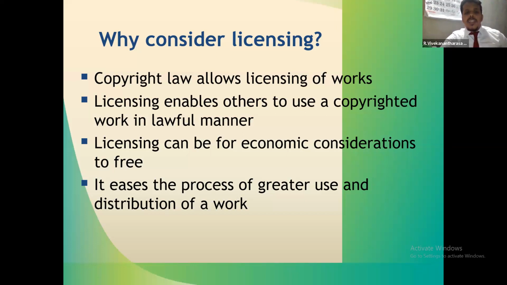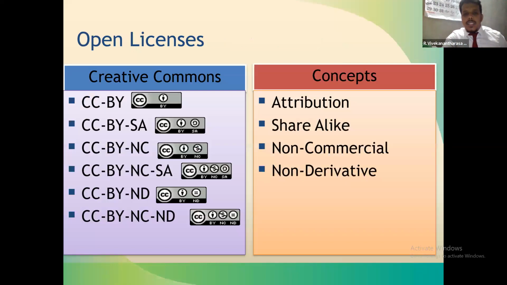Third point: it eases the process of greater use and distribution of work. So through licensing, the ideas, new research findings, or any articles can be transferred among researchers with proper communication. That's another point of the meaning of licensing.